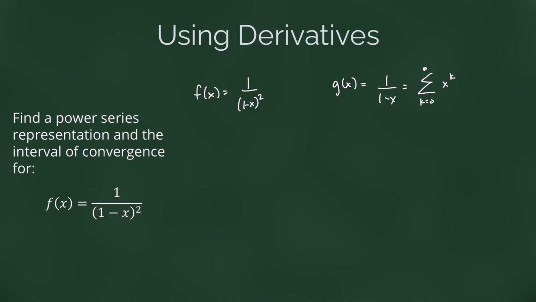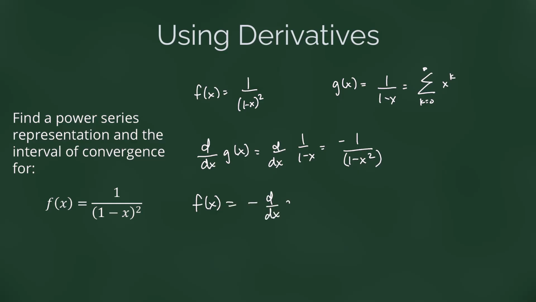So what we can notice is that if we take the derivative with respect to x of g of x, well, that is the derivative of 1 over 1 minus x, which is negative 1 over 1 minus x squared. So in other words, we know that f of x is the negative of the derivative of g of x.